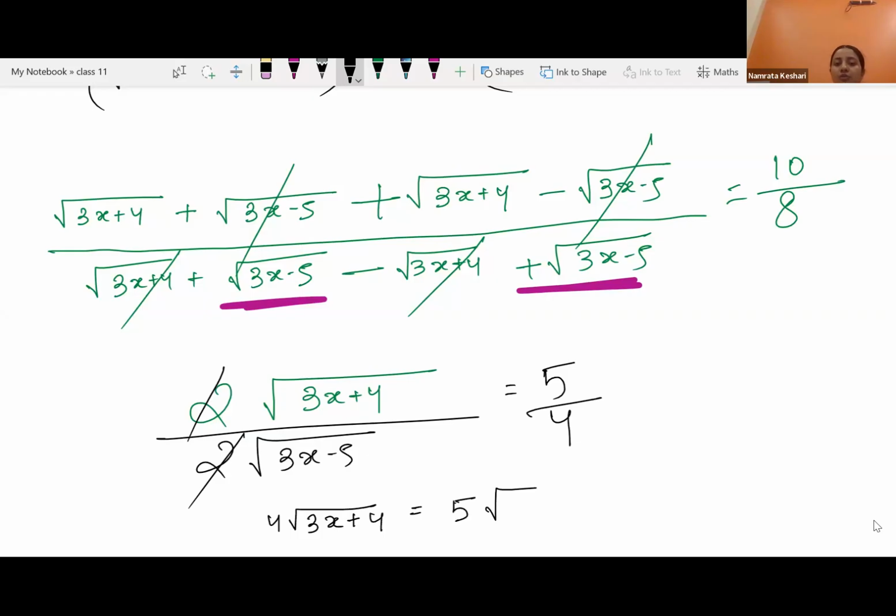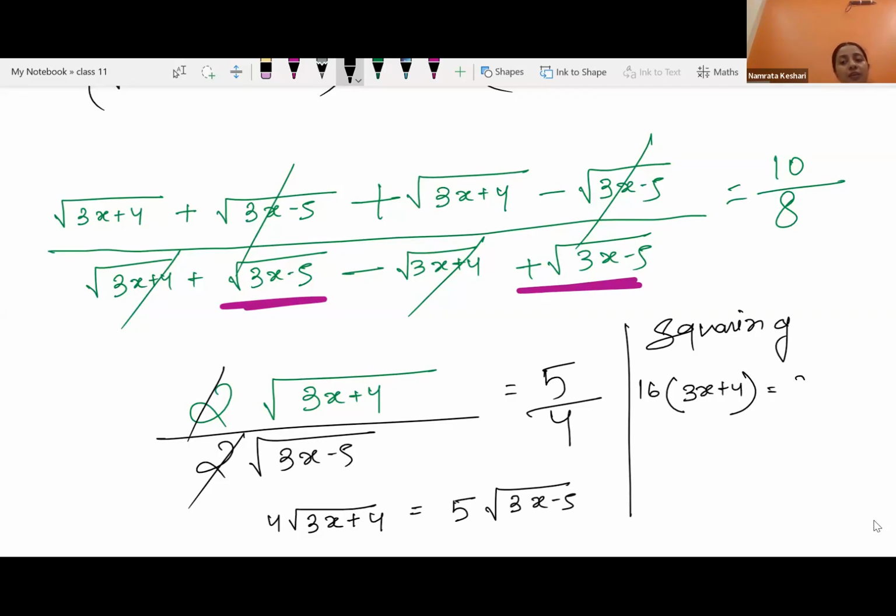Now we can do crisscross, and we can do just squaring both sides. And believe me, the moment you do squaring both sides, it is still really simple. Yes, this 4 will become 16, but this will be just 3x plus 4. And that 5 will be 25, but that will be just 3x minus 5. Can you see the equation which was really difficult?